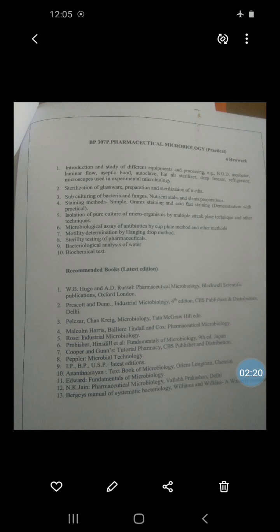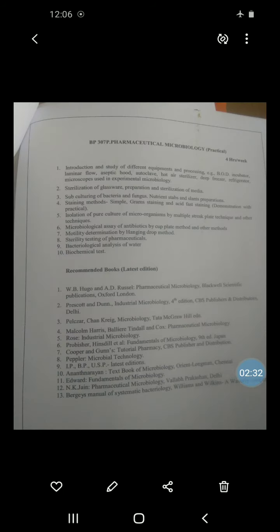Then the techniques to obtain the pure culture. There are different techniques. We will see the classification of these techniques: first, common methods, and second, special methods. The common methods are subdivided into the streak plate method, pour plate method, spread plate method and roll tube method.